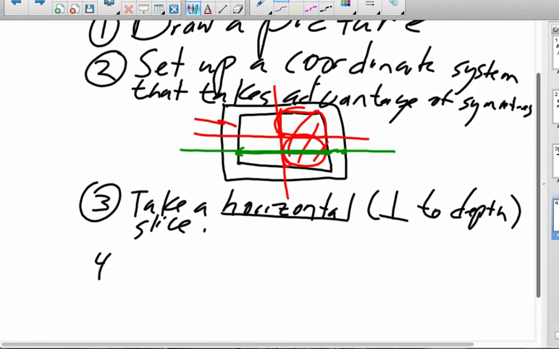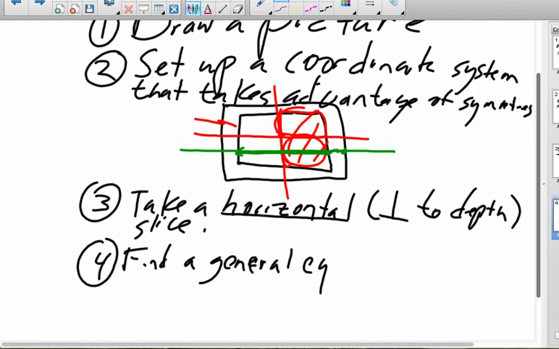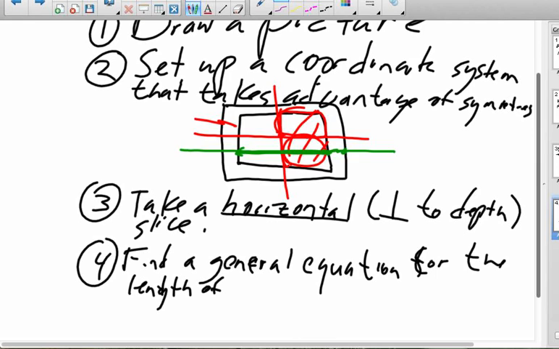The fourth thing you're going to do is find a general equation for the length of the slice.